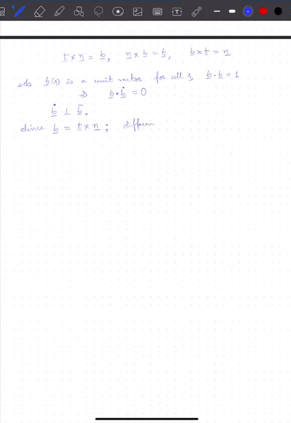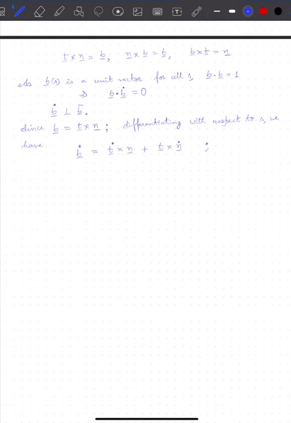Differentiating, we have B dot equal to T dot cross N plus T cross N dot, by the chain rule.